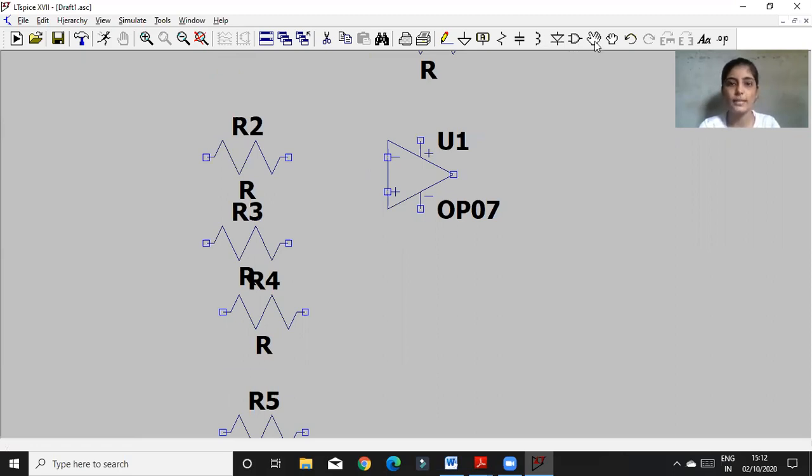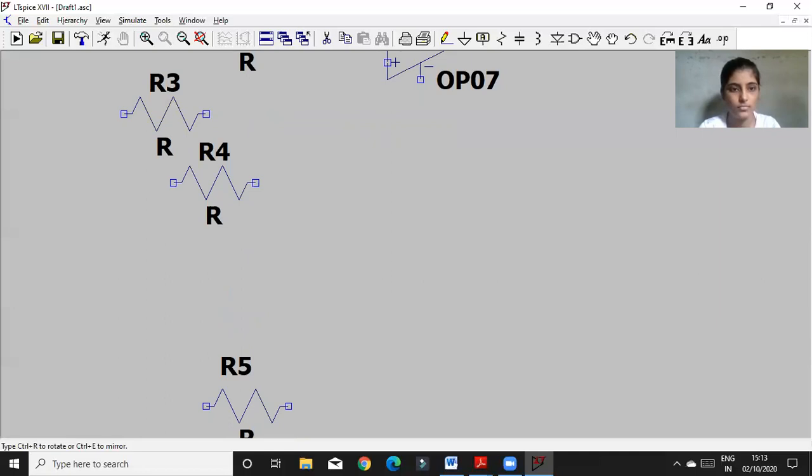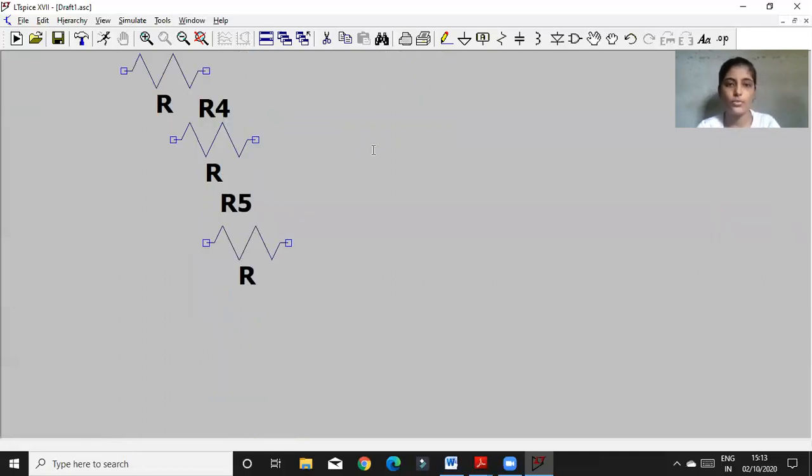To move any components, I select this. So I move all the components properly.